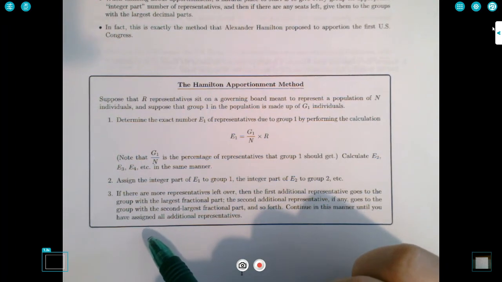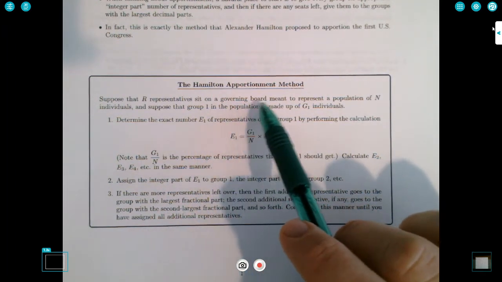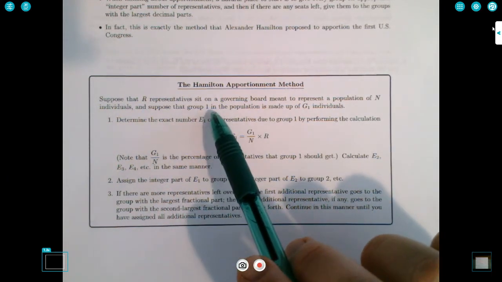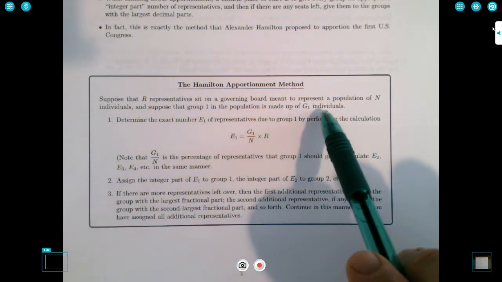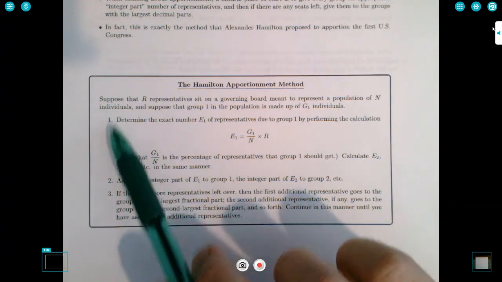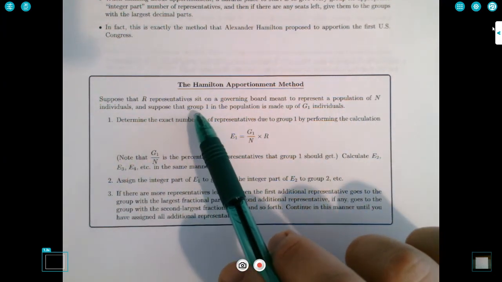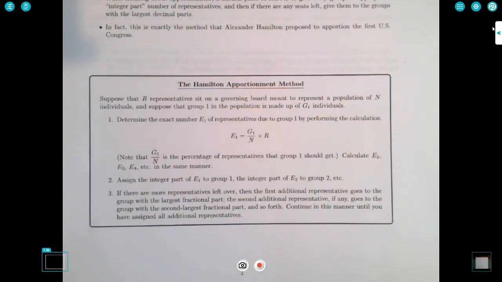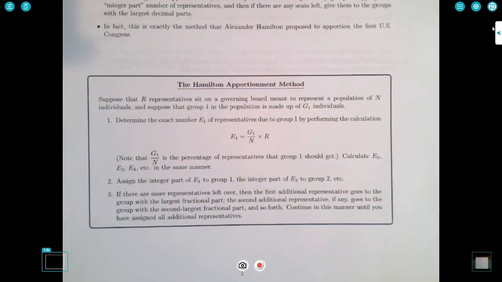It could be a business thing, if you're sitting on some kind of governing board. But anyway, suppose that our representatives sit on a governing board meant to represent a population of N individuals. And suppose that group 1 in the population is made up of G1 individuals. So, tying this to the House of Representatives, for example.